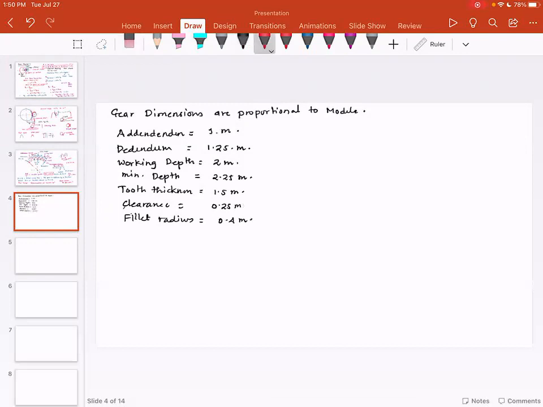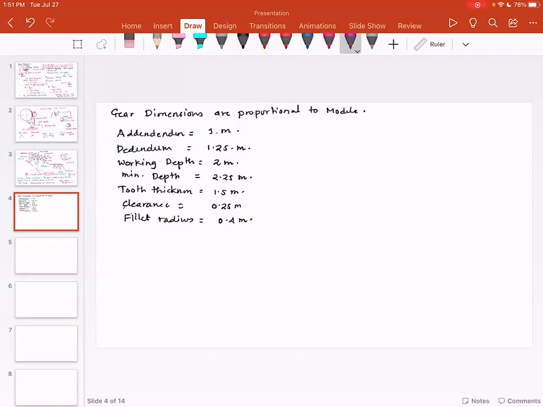And there could be slight variations depending upon whether you have a 14.5 system or a 20 degrees system. But in short, if you are designing a gear, the module is used as the principal dimension to design the gear.